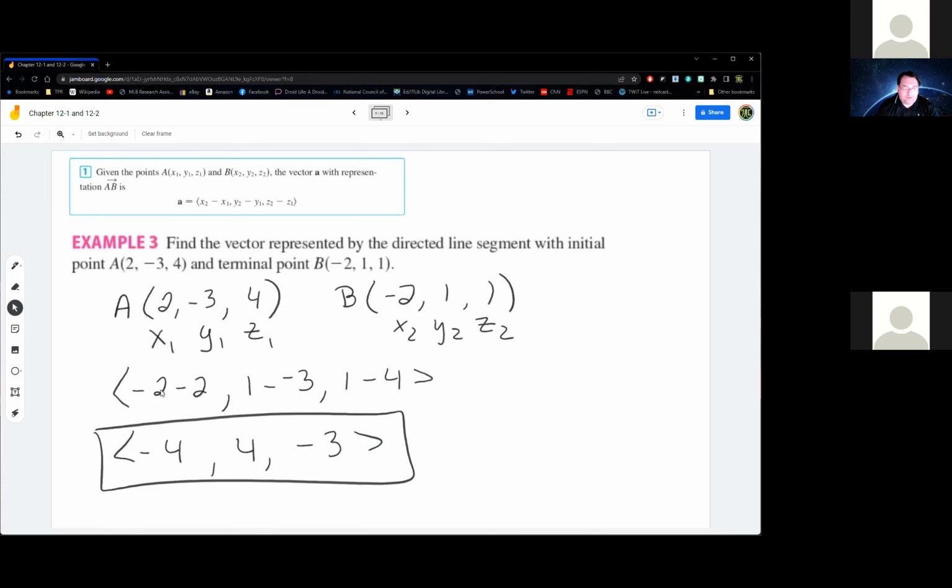So we're just looking for the change. If we've shifted it over, that's where the terminal point would be, with my initial point being at 0, or my origin. That makes sense?